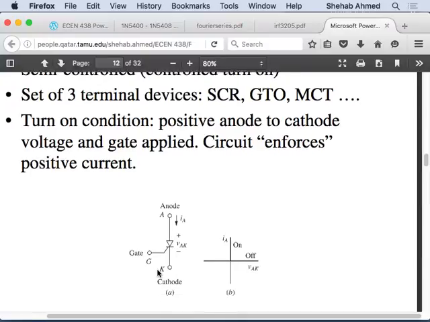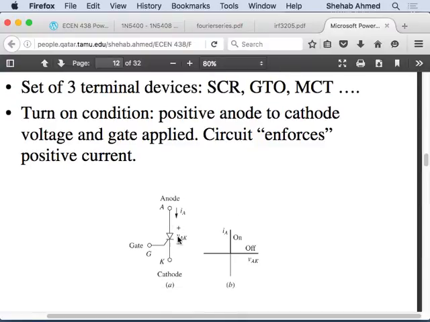So what does this look like? If VAK is positive and I don't have a gate signal, the device is off. If VAK is negative, the device is also off, like a diode. But if VAK is positive and I give it a gate signal, the device will turn on. I will have current flowing through it, like a diode.